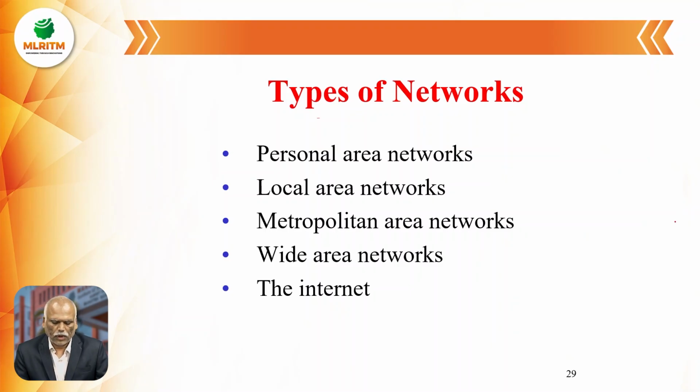Like our personal computer connected with peripherals using Bluetooth technology, as part of the PAN, personal area network. Next type is local area networks, where we use devices called switch, that is hub, a central device. The scale is within a room or within a building.